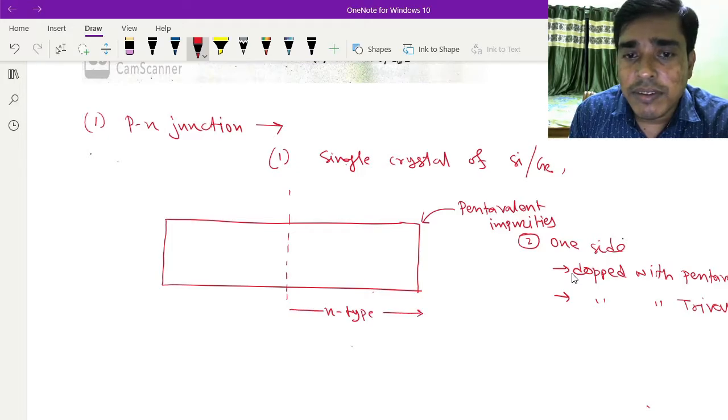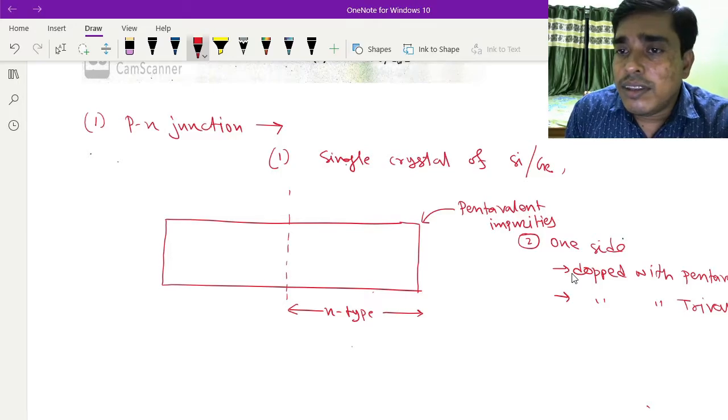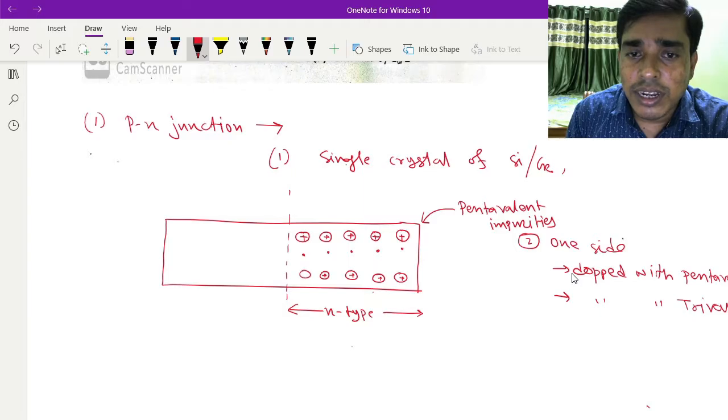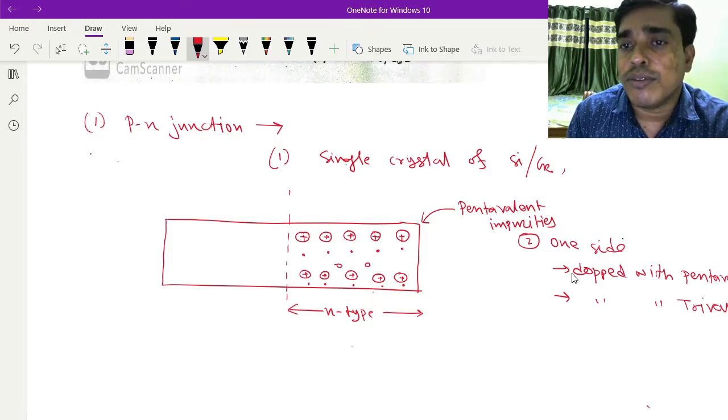Since this is a pentavalent atom, the ions will be donor ions, and each donor ion is associated with an electron, and there are some minority holes.